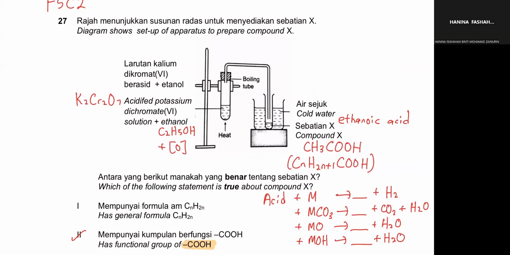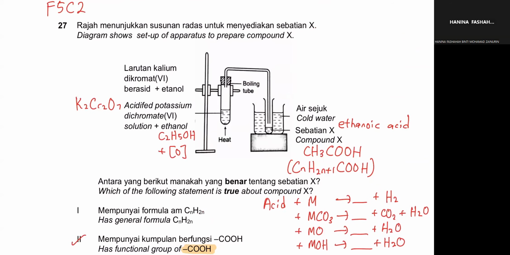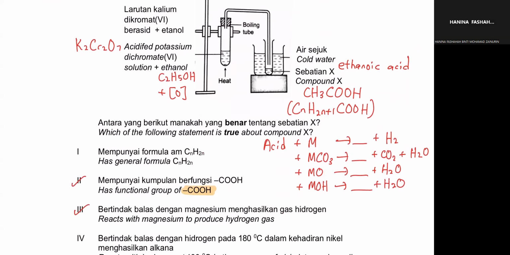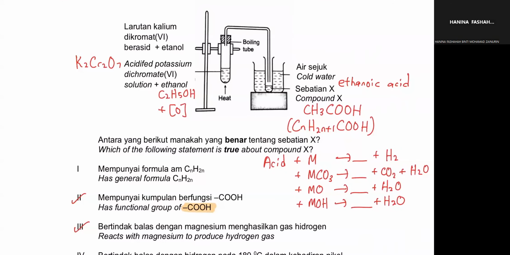Then question 27 is C. This one is also related to oxidation. Formula chapter 2. This one, ethanol. They say ethanol already, so they put this, either acidified potassium dichromate(VI) or acidified potassium manganate(VII).